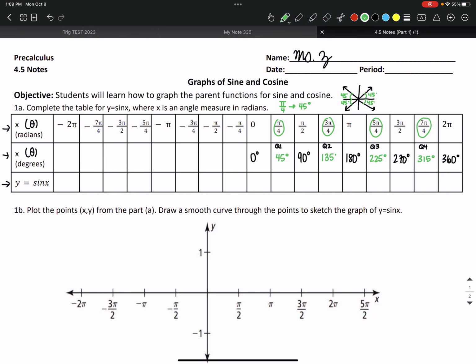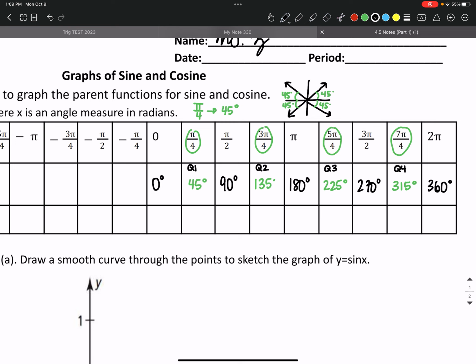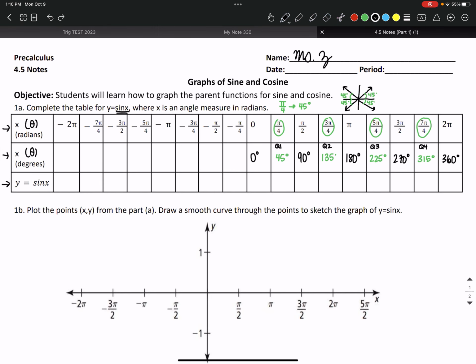Since this is sine, and that's an odd function, I know that if I were to plug in pi over 4 or 45 degrees, whatever I would get from that, I would just be able to change it to its opposite for these angles on the left-hand side, which is what I'm going to do when I'm talking about the outputs.